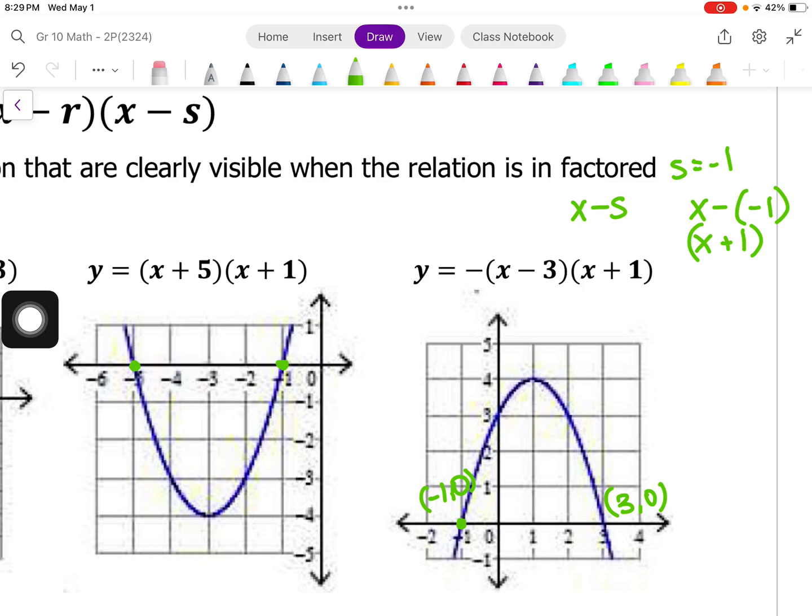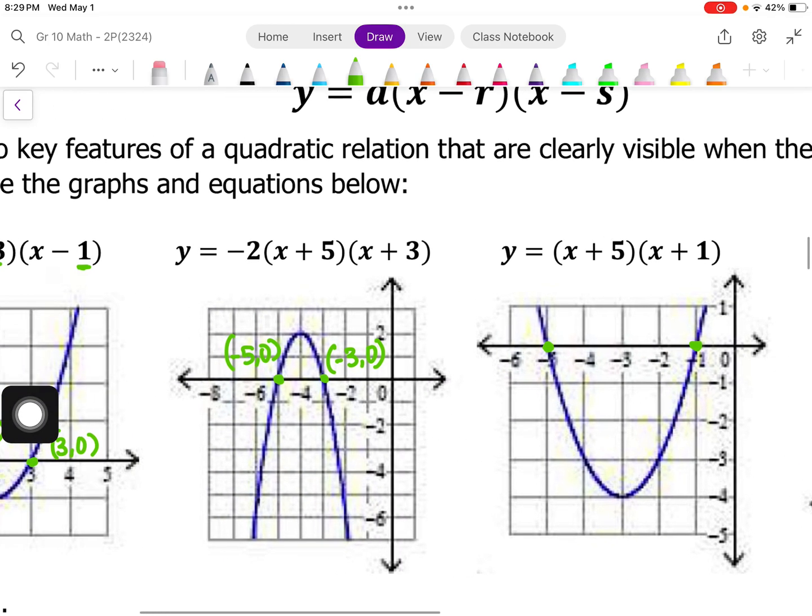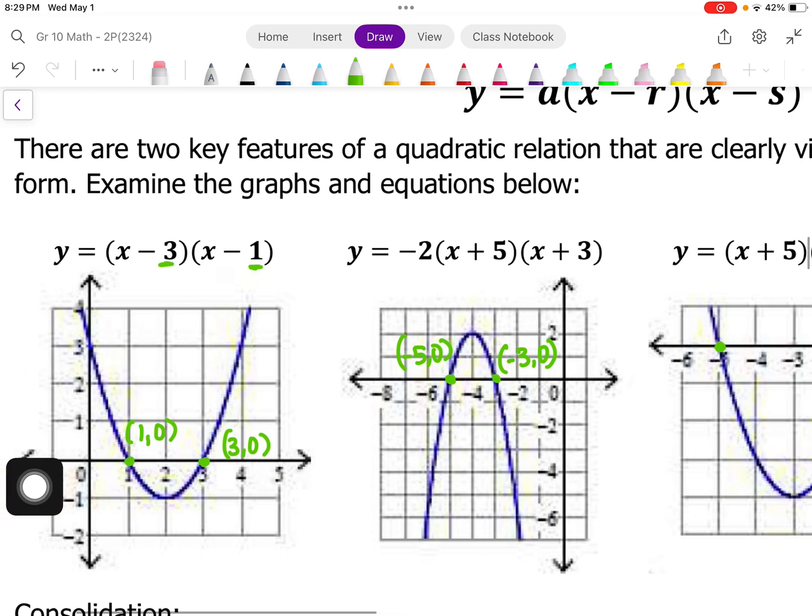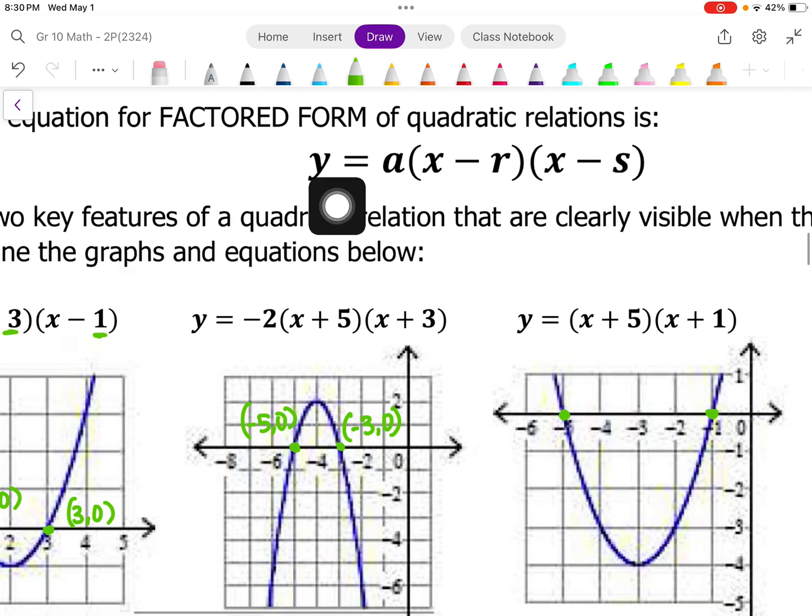The other way we can look at this is our y value for each of these. Our y value is always 0. So when I'm touching the x-axis, I have not shifted up or down from my origin. So y is equal to 0. And in this format, I have a times whatever this bracket is times whatever this bracket is.